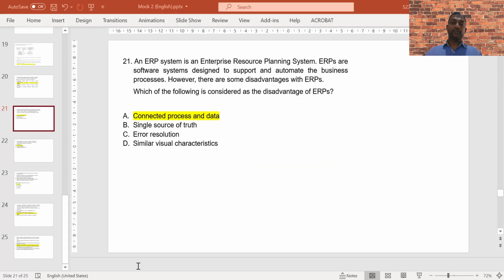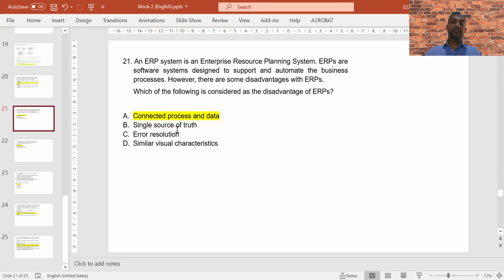So if we look at what the disadvantages are here, starting from the bottom, similar visual characteristics, okay, we saw that it's an advantage, because if the system is familiar and all the departments have a similar look and feel interface, then it's easy to train users on this system.